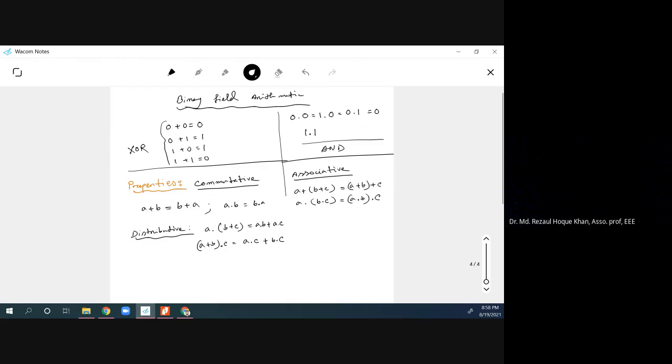So if this is commutative, associative, and distributive, the question now is: is this convolution code linear?